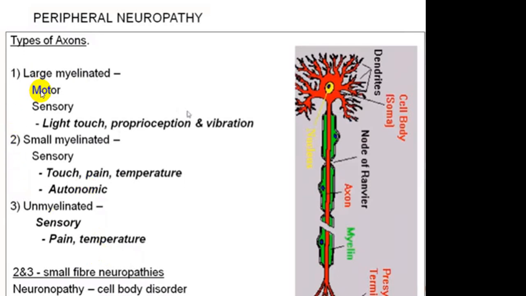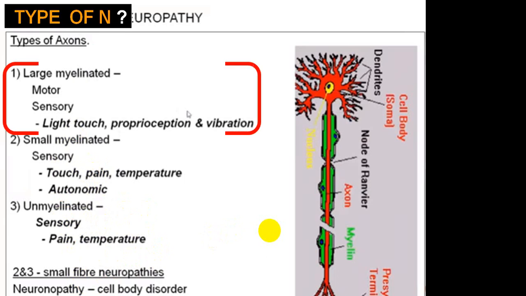Large myelinated motor and sensory, and among sensory, the posterior column. Small myelinated sensory fibers, which are for touch, pain and temperature, and autonomic fibers. And unmyelinated fibers can sometimes be sensory, particularly pain fibers and autonomic fibers. So small fiber neuropathy will usually involve these two. And when these two are involved, the chances of recovery are usually less because they are unmyelinated or thinly myelinated fibers.